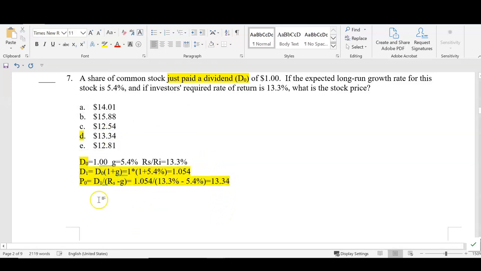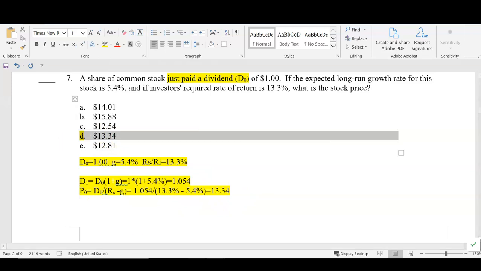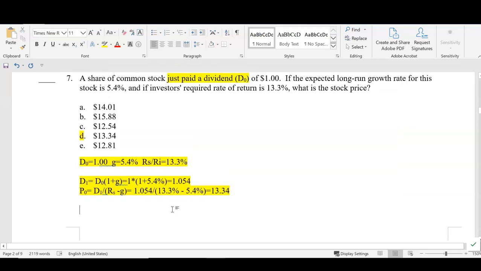So in this question, we know D0, we know G, we know R. We first calculate D1 by using D0 multiplied by 1 plus G. Then we calculate P0 by using D1 over RS minus G. So we have option D, 13.34 as our stock price.